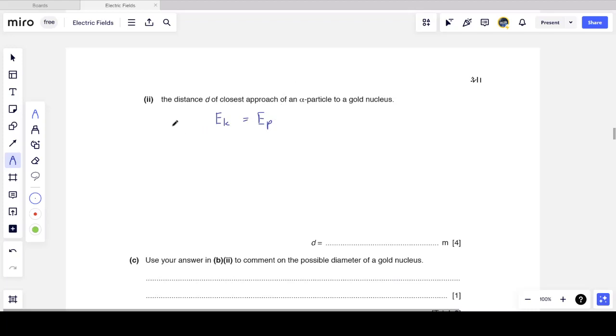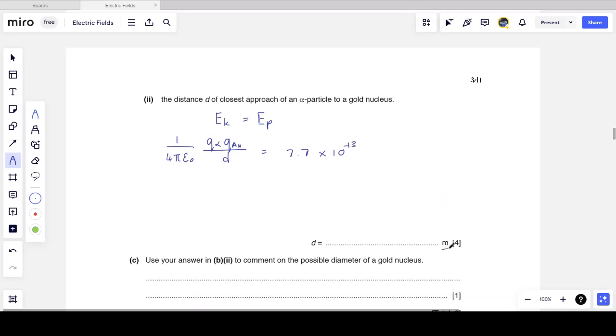So what I'm going to do is equate the expression for electric potential energy, 1 over 4 pi epsilon naught, charge of the alpha particle times the charge of the gold nucleus divided by this distance d, to the value that we calculated, 7.7 times 10 to the minus 13.